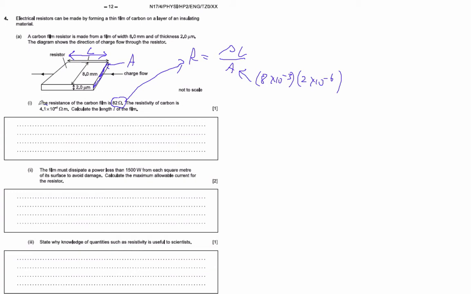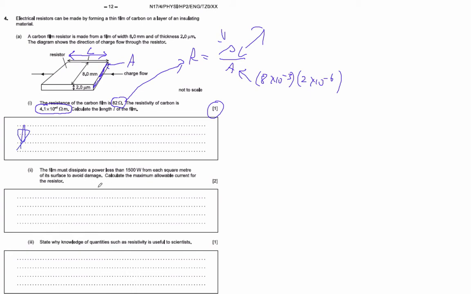The resistivity is right here. Plug that in there. We know the resistance, so you can solve for the length. I get that it's a few centimeters, like 3 or 4 centimeters, so 0.03 or 0.04, something in that range, for the length of the film.